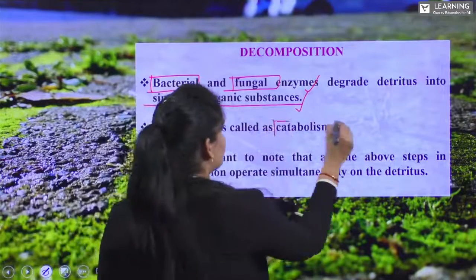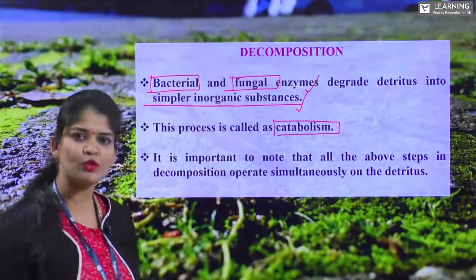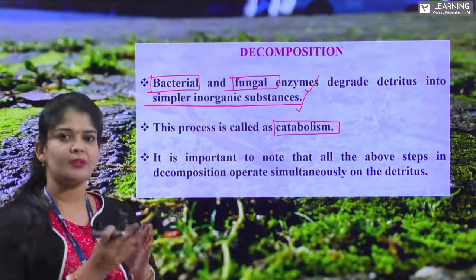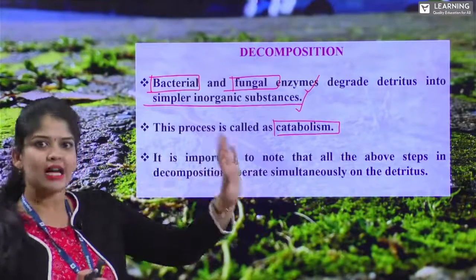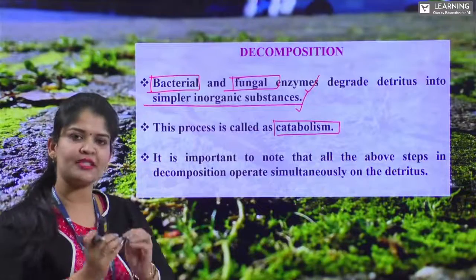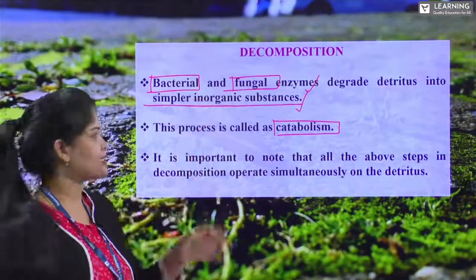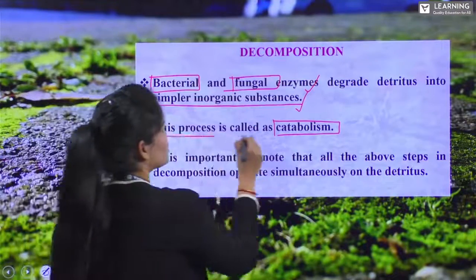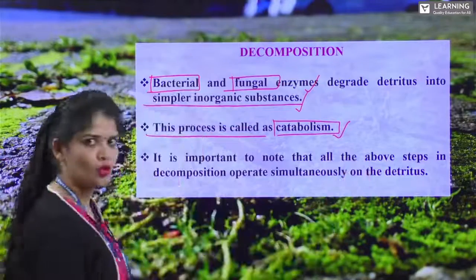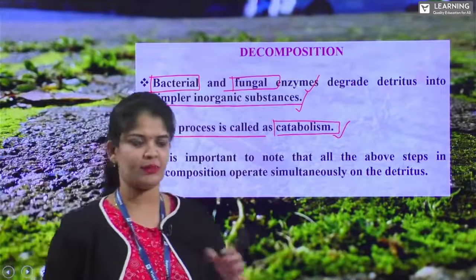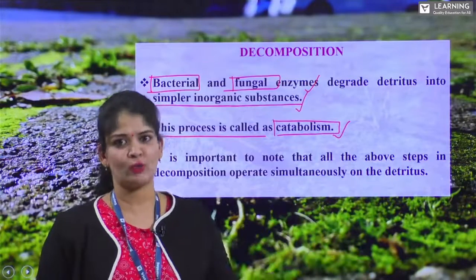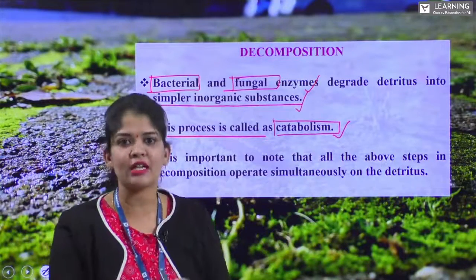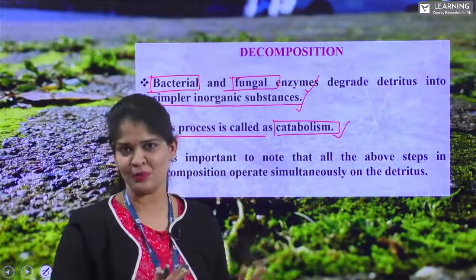Catabolism is nothing but breakdown of complex molecules into simple substances, which is opposite to anabolism. Anabolism is a constructive process. Catabolism is a destructive process where complex molecules are broken down into simple molecules, right?